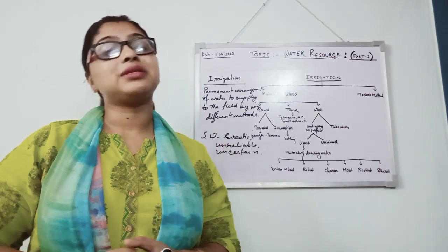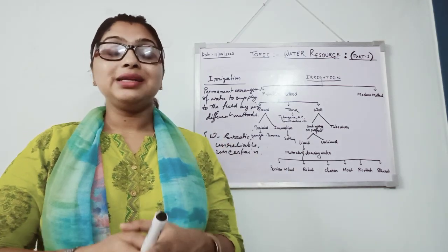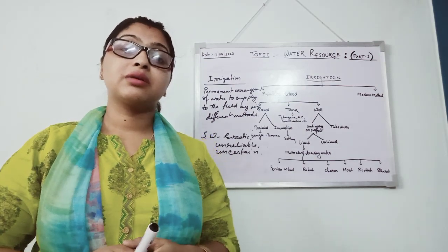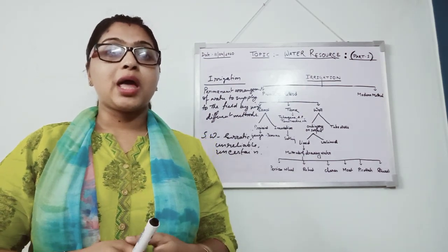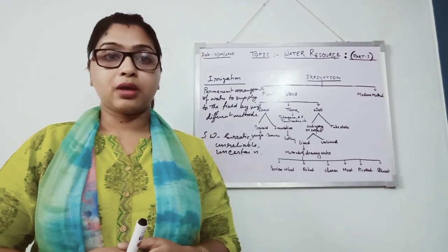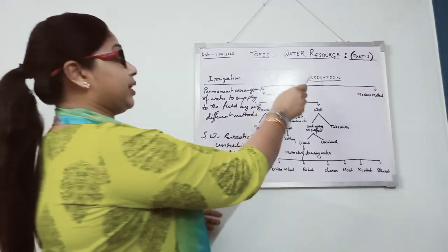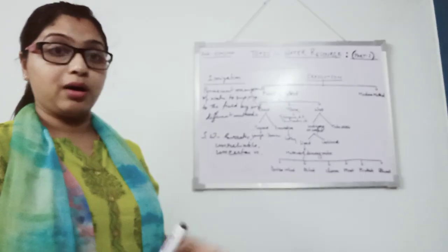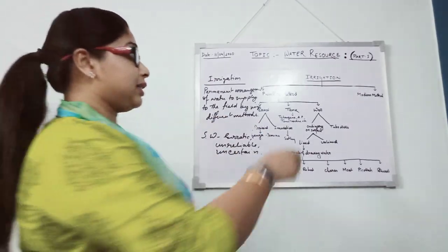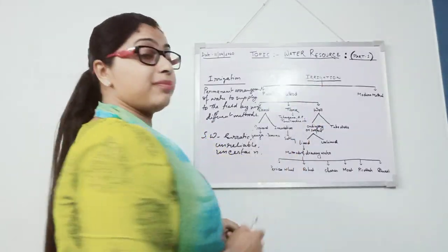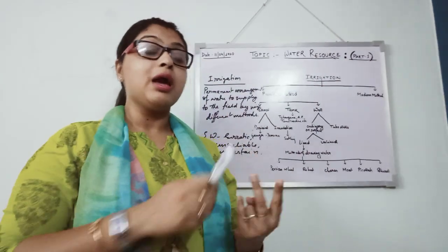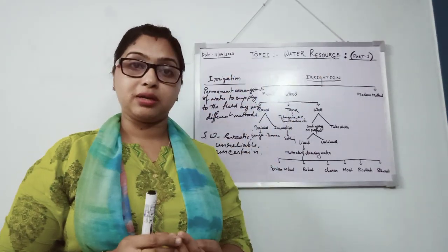Seeing the condition of this country, we have started and are following different irrigation methods. So here, students, in the chart I made, I have mentioned that irrigation is basically divided into two main categories, primitive and modern methods.